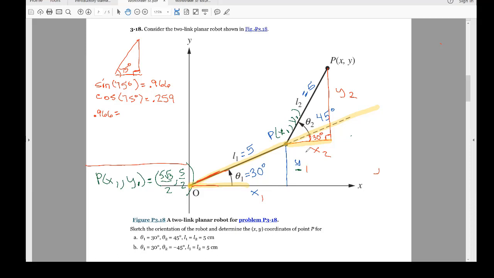So I have another x and y. So I'm going to say this is equal to y2 over the hypotenuse, which again is 5, which gives me y2 is equal to 5 times 0.966, which is 4.83.